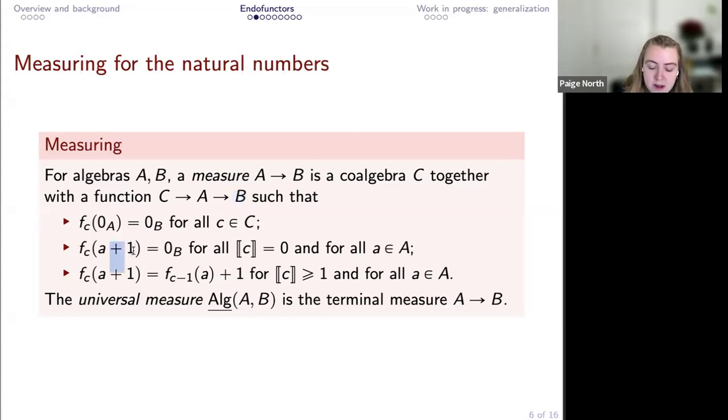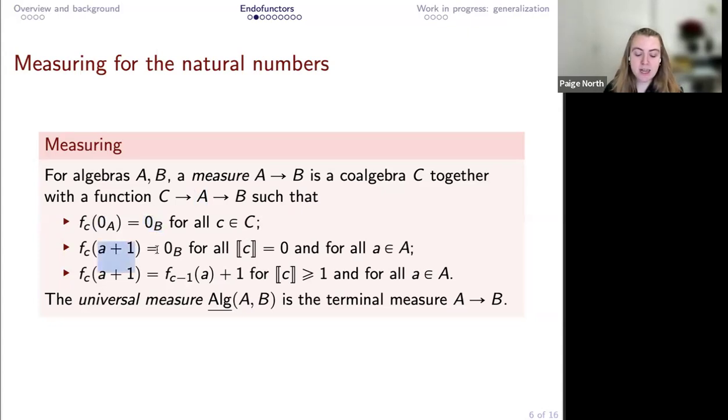We also have a function from x to x, the thing we usually think of as plus 1 in the natural numbers. I'm writing that algebra structure as plus 1, even in an arbitrary algebra like A. So we always have to send 0 to 0.